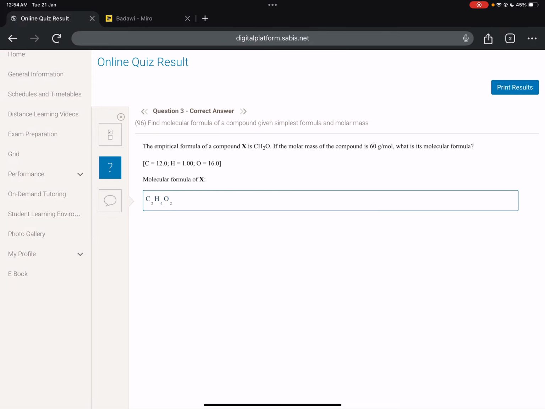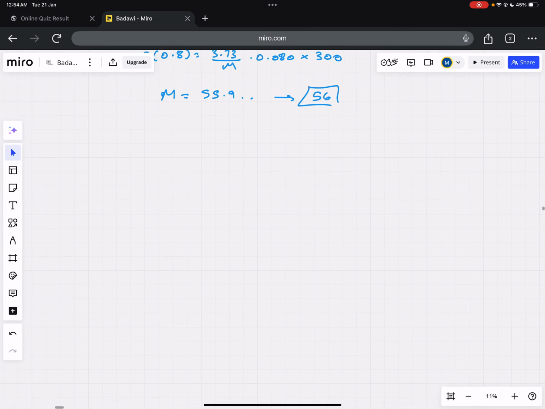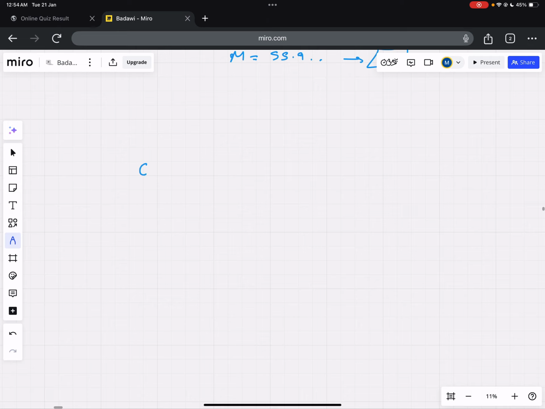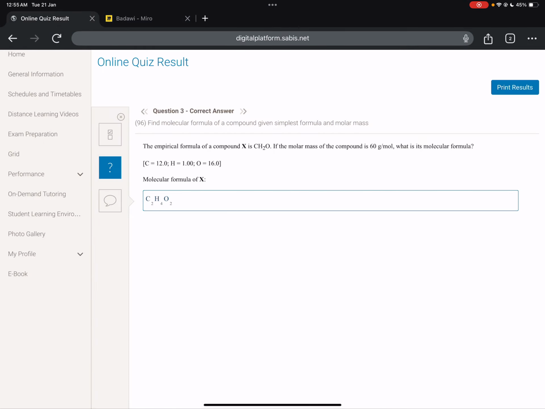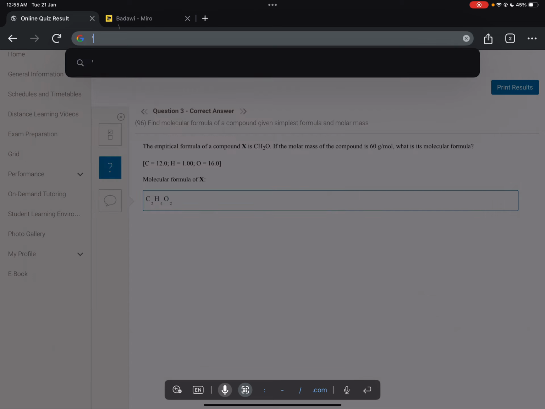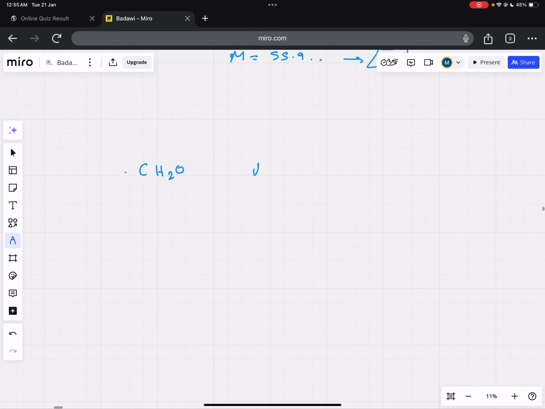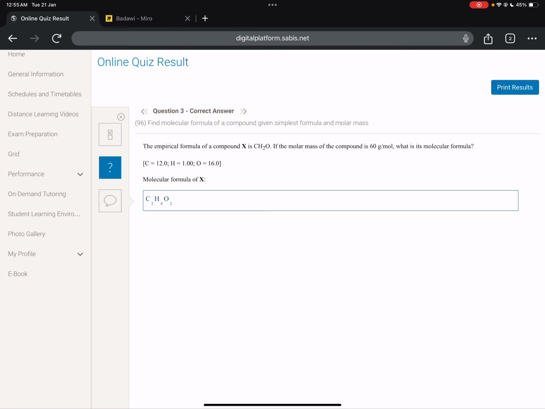Okay, the empirical formula of a compound X is CH2O. So directly, I'm going to write on my scratch paper CH2O. Empirical formula means the simplest form. If the molar mass of the compound is 60 grams per mole, I will directly write molar mass is 60 grams per mole. What is its molecular formula?